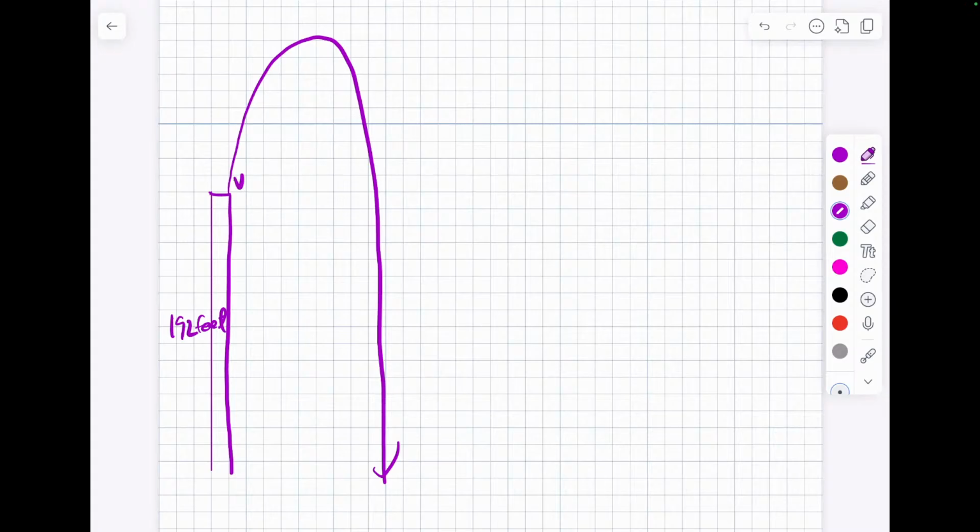This golf ball has initial speed V0 of t. V0 is equal to 64 feet per second. If you don't know how fast that is, it's not really fast, about 43 miles per hour. 64 feet per second.